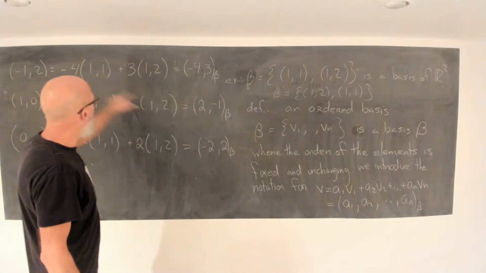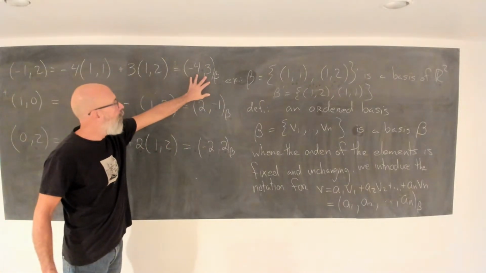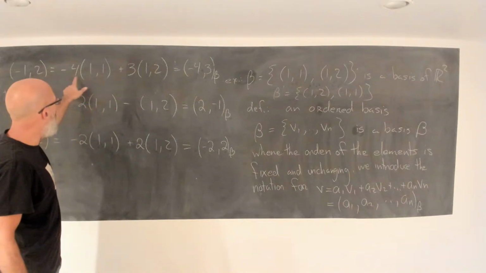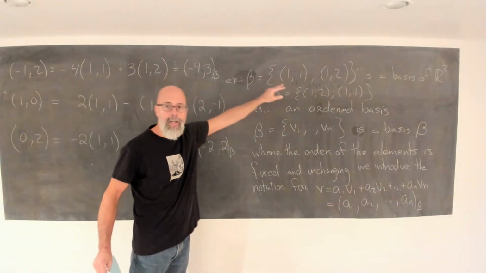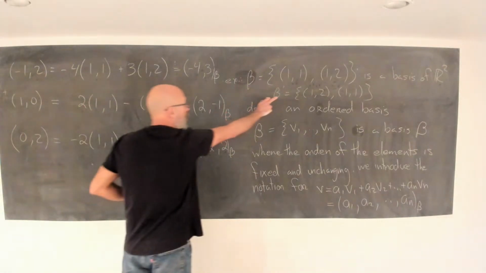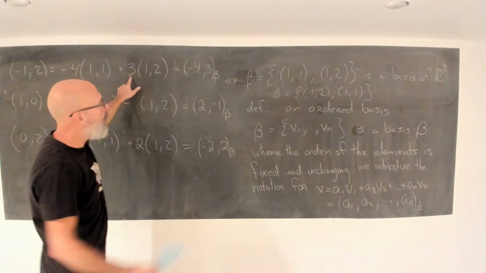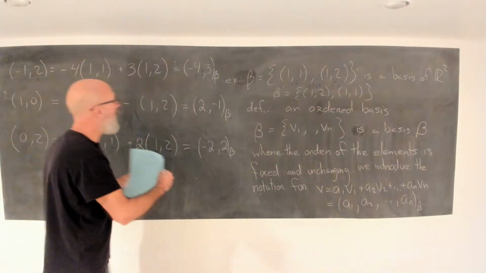In fact, if you look at this element, minus 4, 3 in the basis B, because it's minus 4 times the first one plus 3 times the second one in the basis B. If you look at it in the basis B prime, it's actually 3 times the first one, minus 4 times the second.